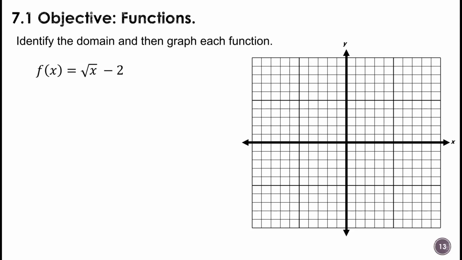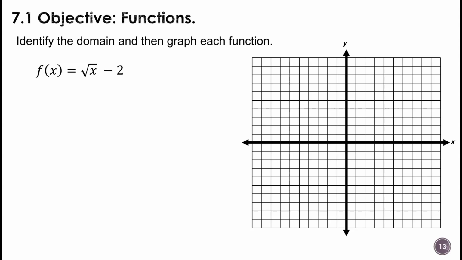Remember, domain is about what values of x we can use for this particular function. If we put in a negative number, what happens? That's not a real number, which means it's not in the domain, because the domain is about real numbers.